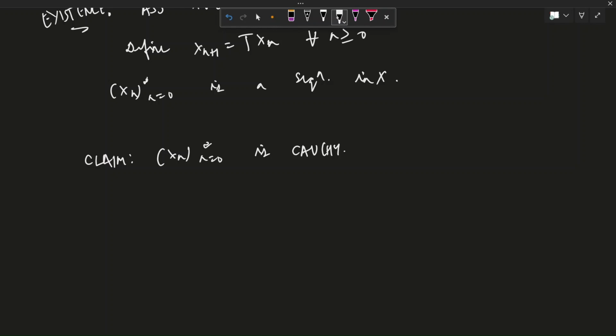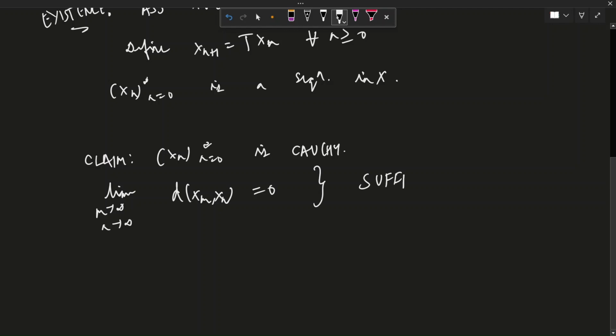Okay, so what do I do? What is something sufficient that I can do in order to show that this sequence is Cauchy? Why don't I use the criteria of limits? If the limit as m approaches infinity and n approaches infinity of the distance between x_m and x_n is going to 0, I'd be done, right? So this suffices to show this.